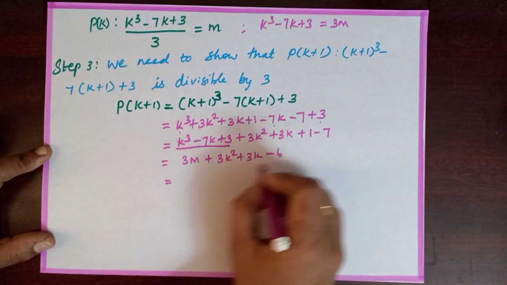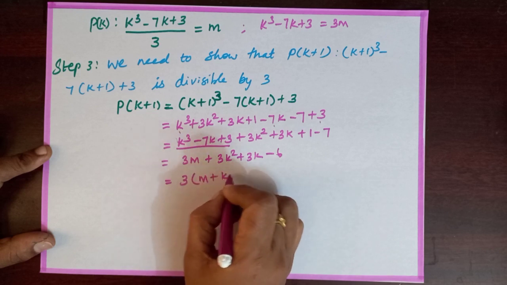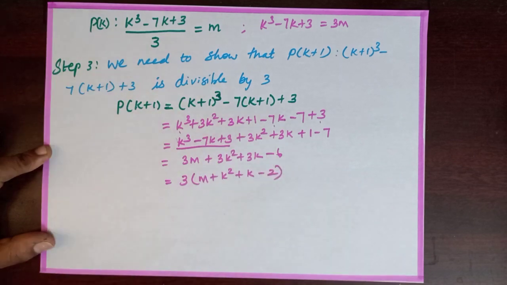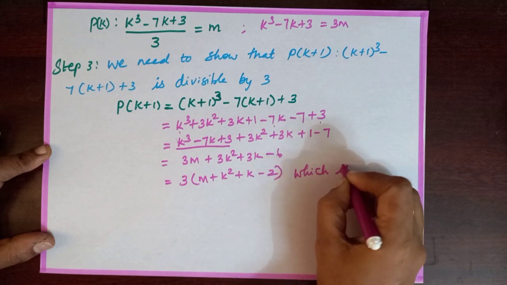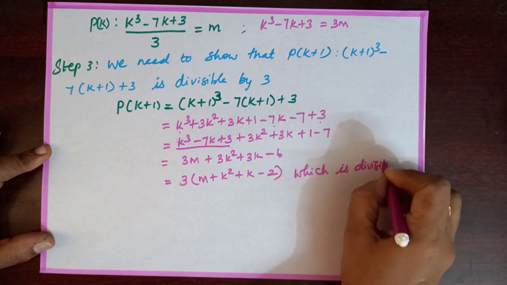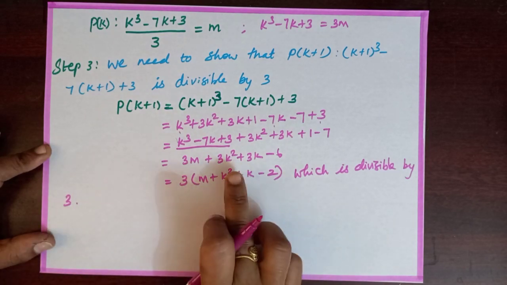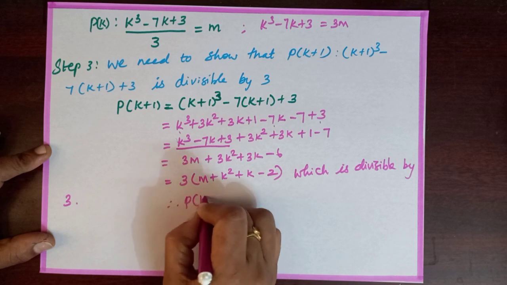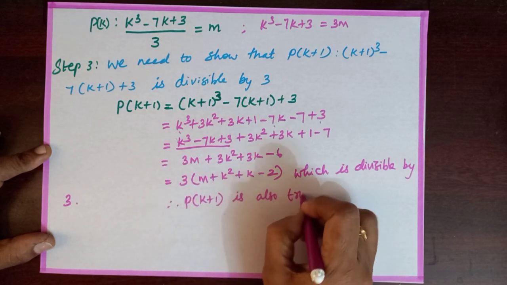Here I can take 3 common out. Then we get 3 into (m plus k square plus k minus 2), which is divisible by 3. Each term is divisible by 3. Therefore, P of k plus 1 is also true.